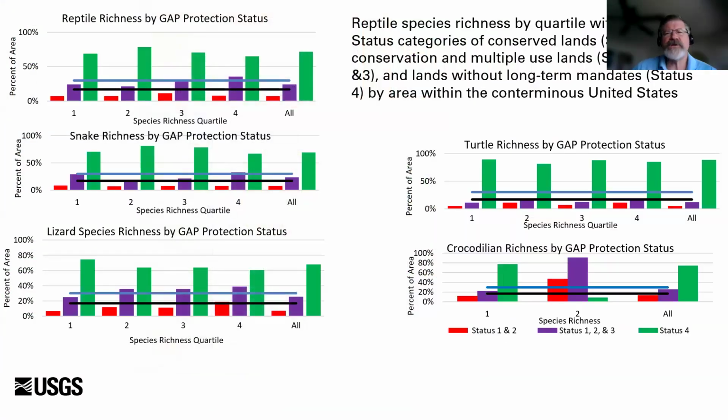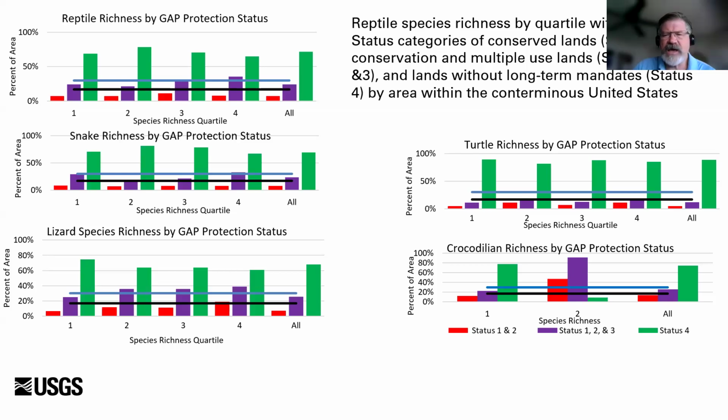Other things that we can do with this data is start to look at where that data is protected. And so the blue line here, and I apologize, I didn't put it on the slide. The blue line is 30% of the habitat is protected. So it follows the Biden administration's push to protect 30% by 2030.